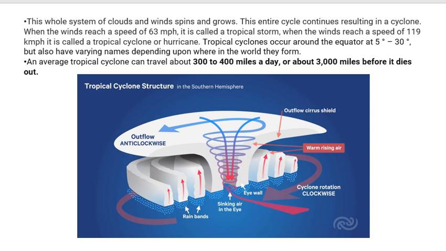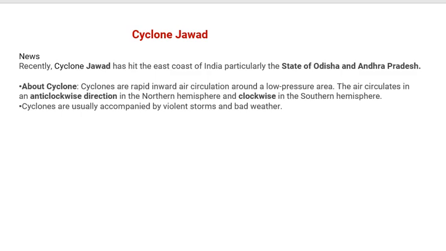When the moisture is over, then the cyclone subsides. This is how the cyclone occurs. In the northern hemisphere, the cyclone rotates in an anti-clockwise direction, and in the southern hemisphere it is clockwise.